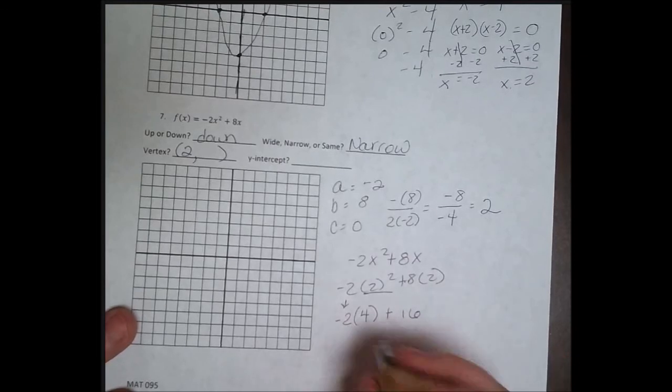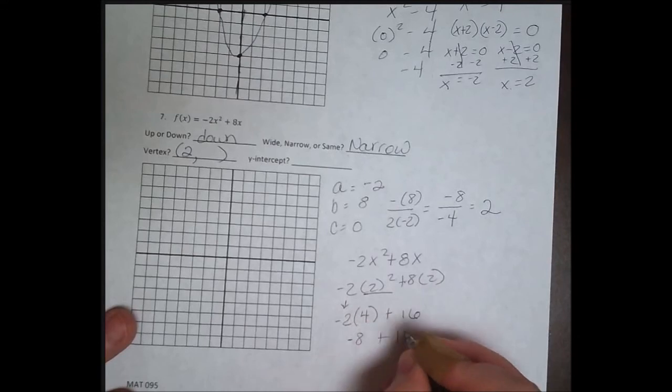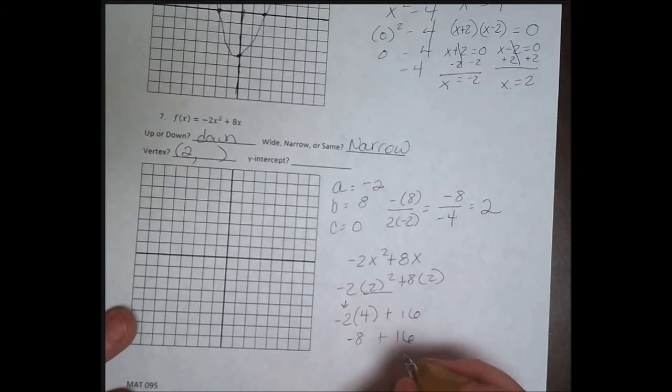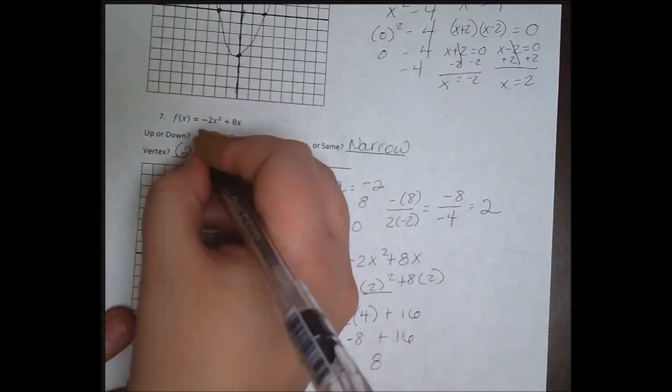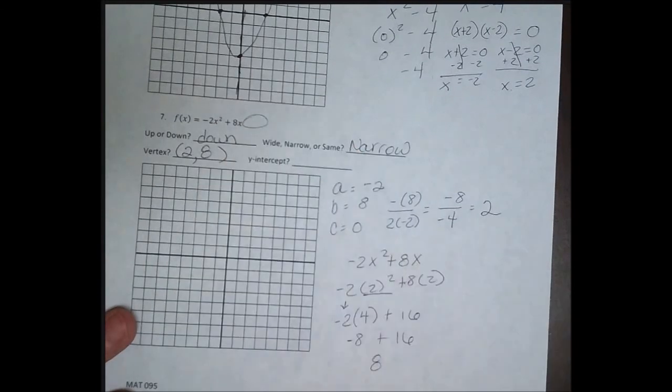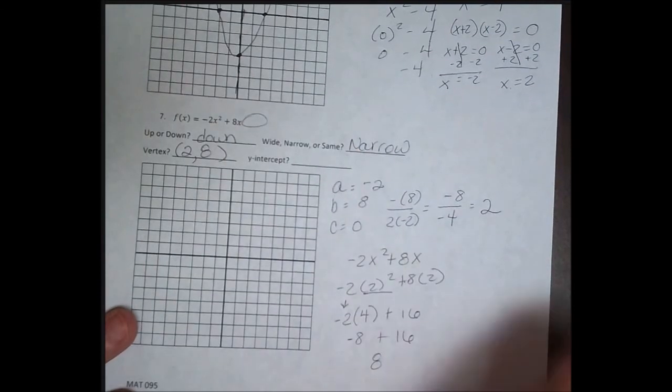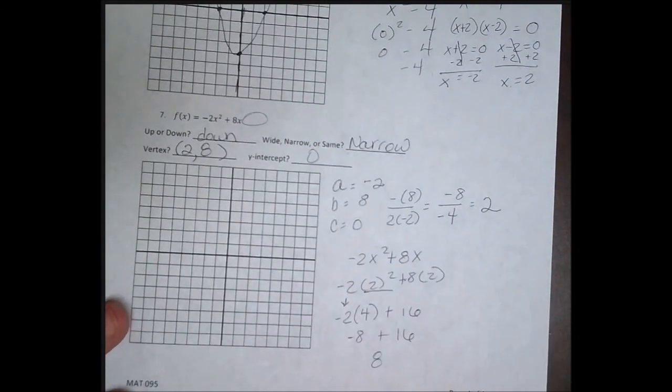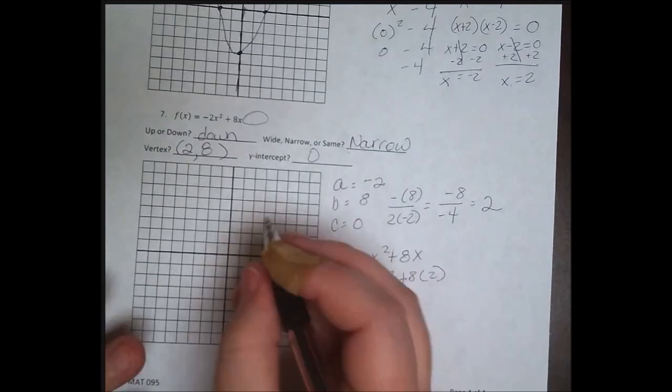Negative 2 times 4 is negative 8. And then negative 8 plus 16 is positive 8. Our y-intercept, notice there is not a value without an x, so that means our y-intercept is 0.